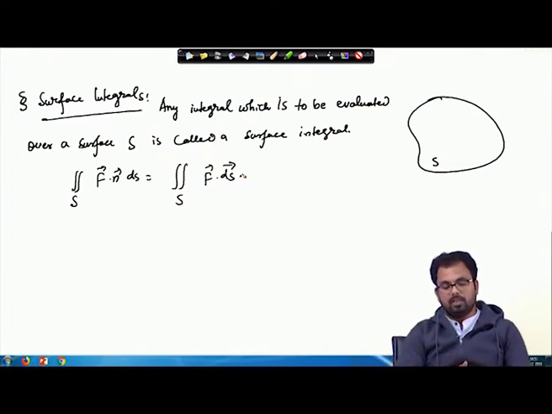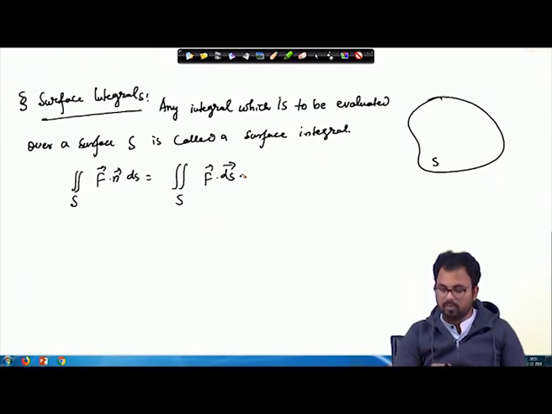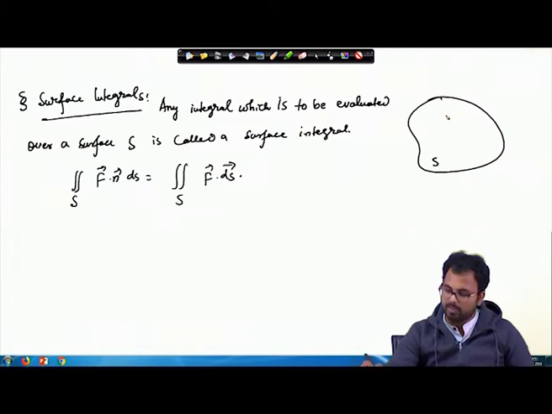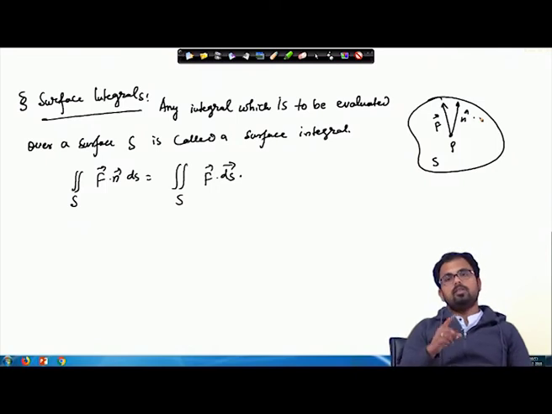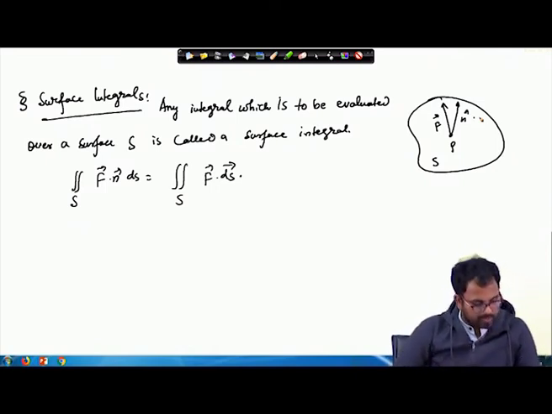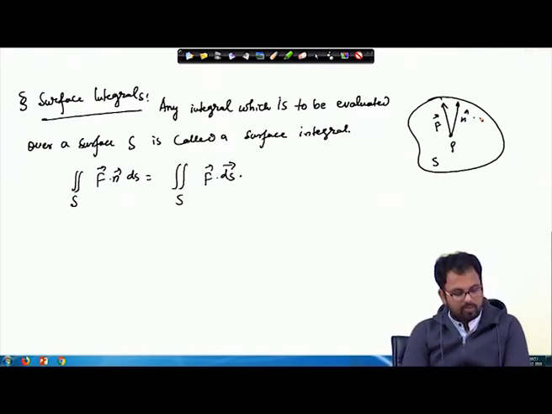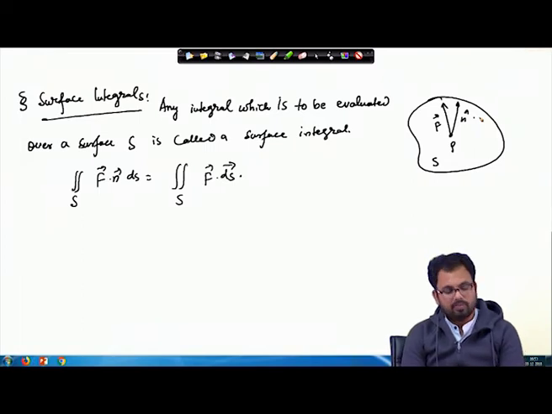On this surface S, we have this point P, this is our vector f and this is the normal n. So f dot n is actually the normal component of f at the point P, and we integrate f dot n over the surface S.